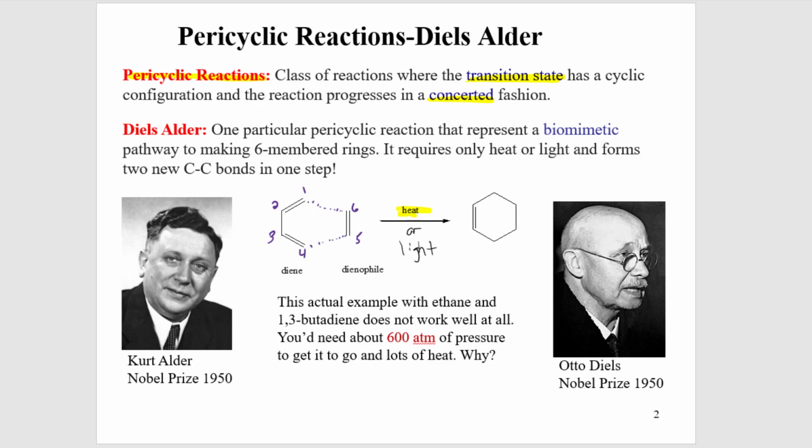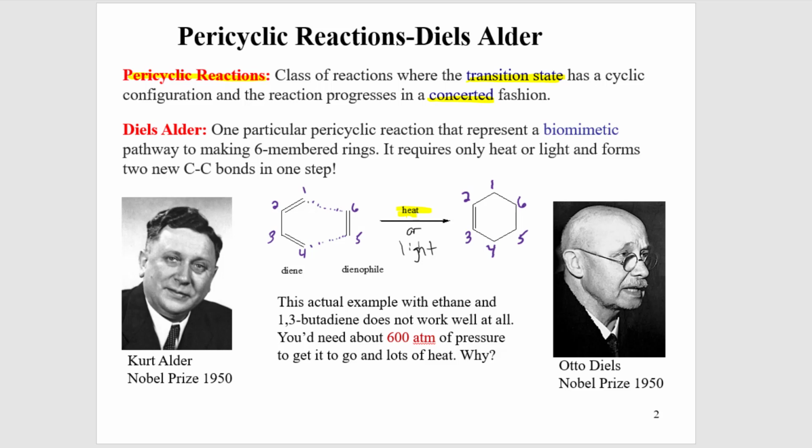Really, this diene is a molecule that has two conjugated, in resonance, double bonds, and the dienophile is the diene lover. When all is said and done, and we'll go over the mechanism in a second, you form this six-membered ring. There still is a double bond given what I started with, but the new bonds are between 1 and 6 and 4 and 5. Now this actual example is not very practical.